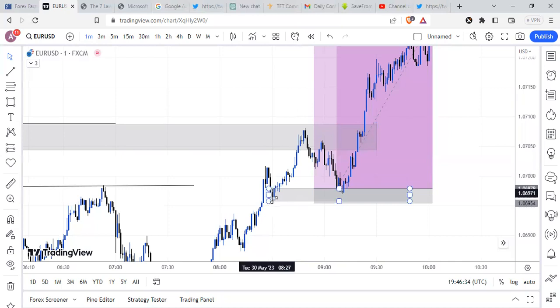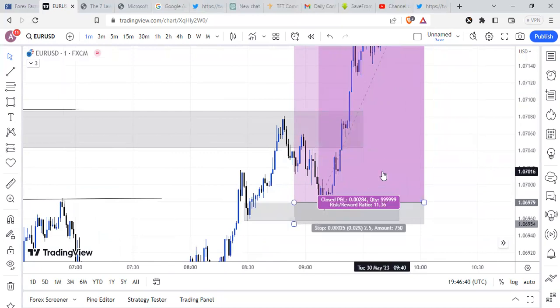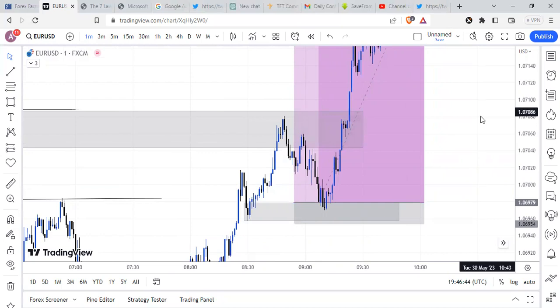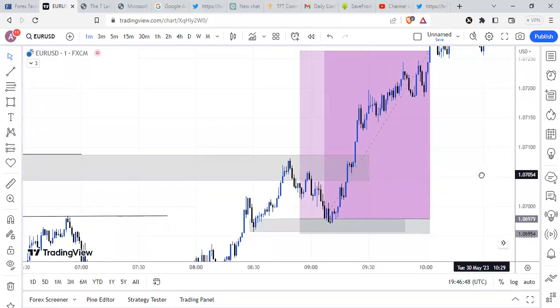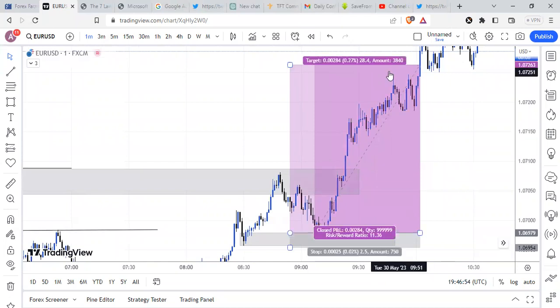So that was why I marked this out here, and then I set my limit. And this was exactly 2.5 pips, guys. Like 2.5 pips. Crazy. This is the smallest stop loss I've ever had in my whole trading life. 2.5 pips, and it just ran for 28 pips. I didn't wait for it to hit the final target.